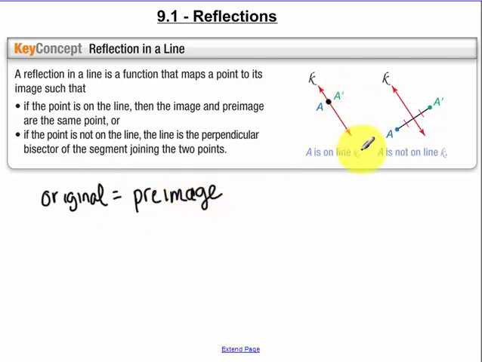Since we're mapping across a line and the point is on the line, the new point, which we call A prime, or the new one, is called the image, and it is actually on the line. But when our pre-image and our image are not on the line, it's the same distance from the line. So our line becomes the perpendicular bisector.